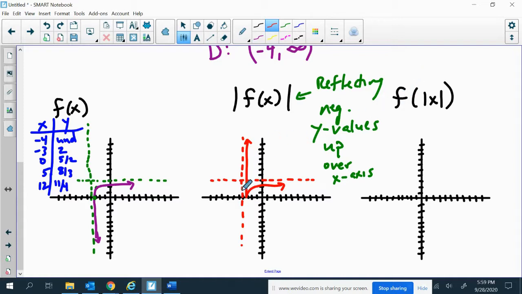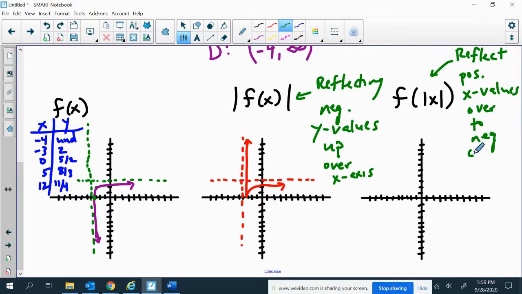But we still have the vertical asymptote here at x equals -4. Now f of the absolute value of x, this means we reflect positive x values over to their negative counterparts.